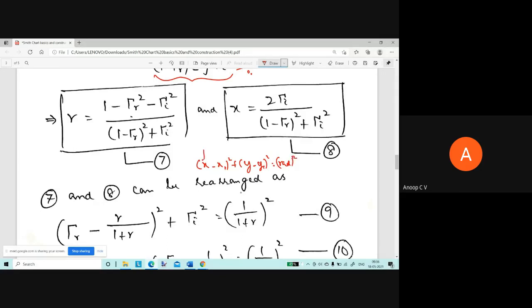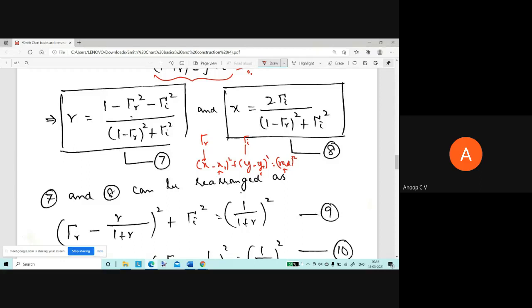Instead of x we have gamma R, instead of y we have gamma I, and x1, y1 and the radius will all be functions of R and X, right?